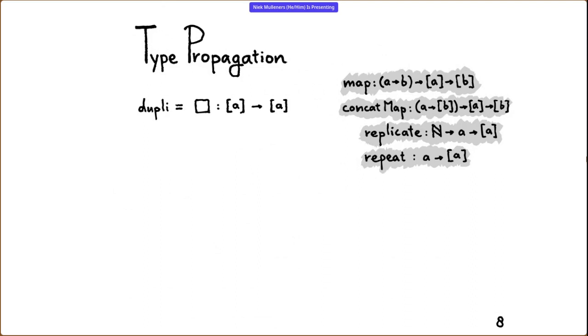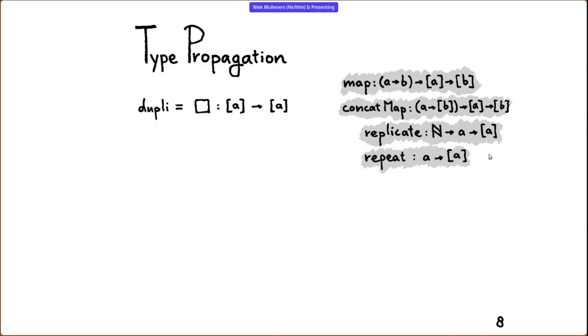Concat map combines concat and map, so it maps a function over a list and then concatenates the result so that it's only a single list. Replicate we also talked about before. And repeat is a bit different. It's like replicate for an infinite natural number. So it will take some value as input and then return the infinite list containing only that value.